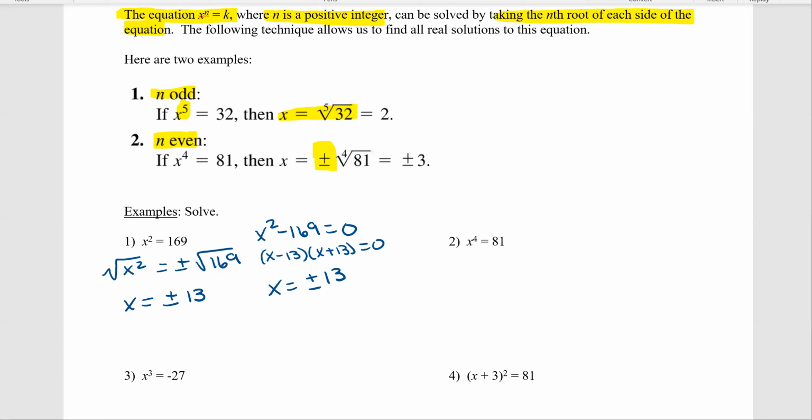Example 2, we're taking the fourth root of 81. We need plus or minus. So x is equal to plus or minus 3.